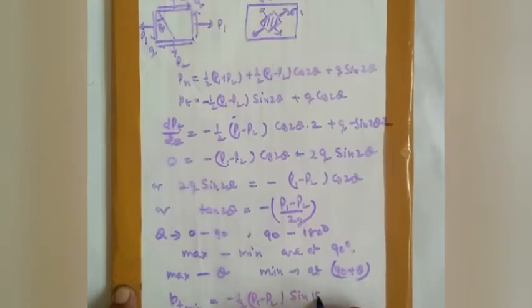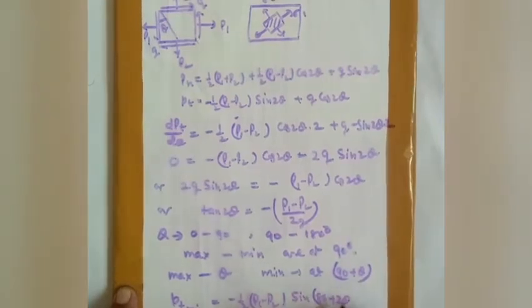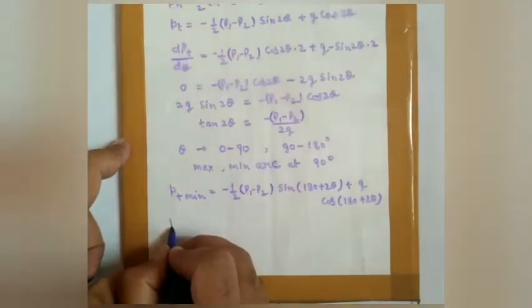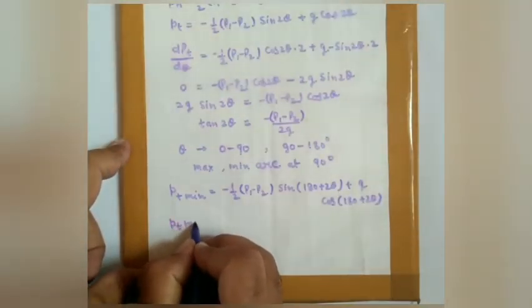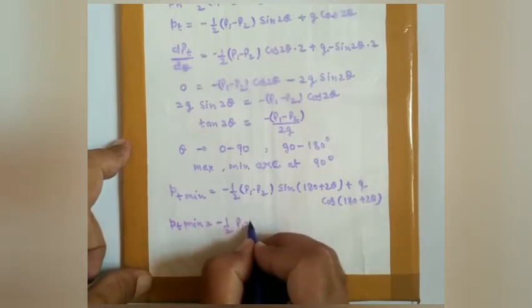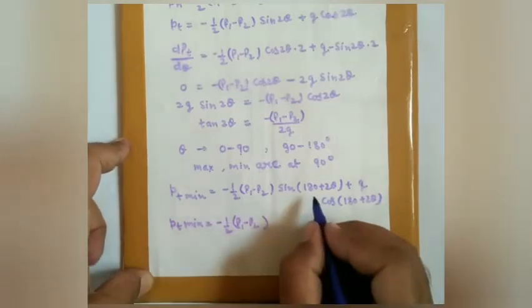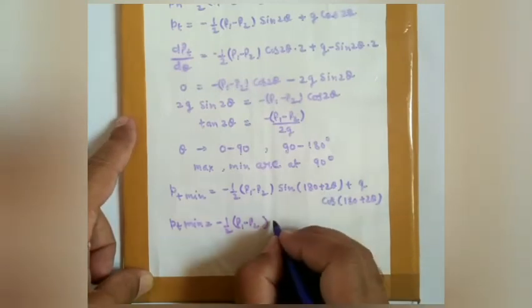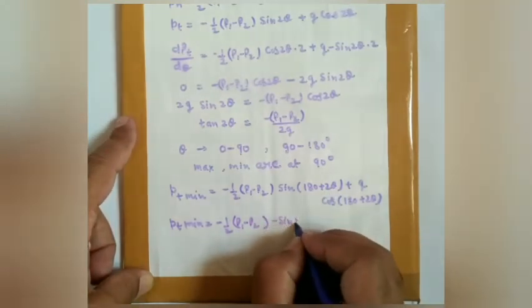sine 180 plus 2 theta plus q cos 180 plus 2 theta. Now sine 180 plus 2 theta is minus sine 2 theta.